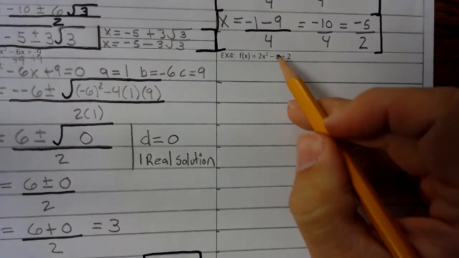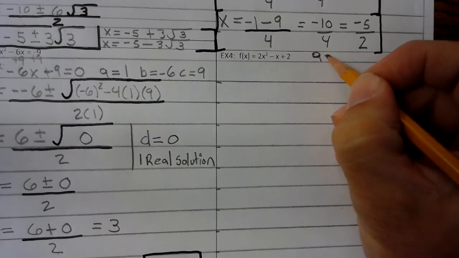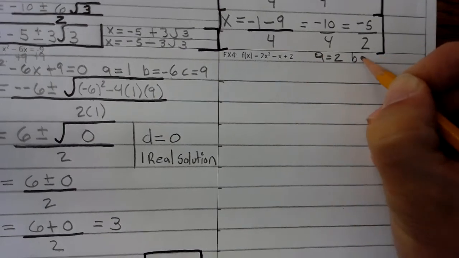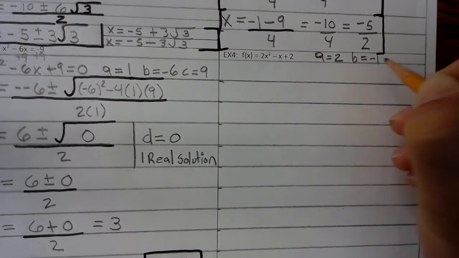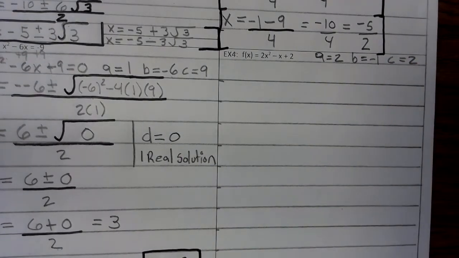Okay, so everything's on the left side. So then we know that a equals 2, b equals -1, and c equals 2.